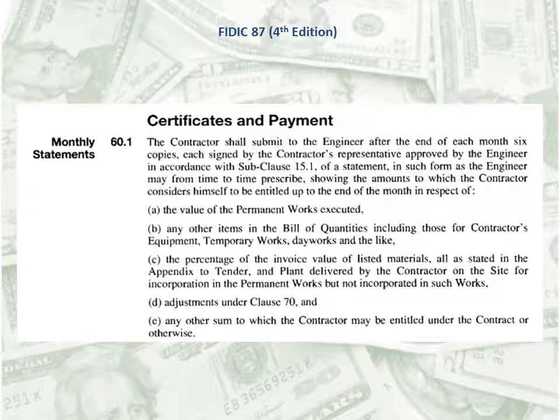D. Adjustments under clause 70. And E. Any other sum to which the contractor may be entitled under the contract or otherwise. This is the relevant clause in FIDIC 87, which is 4th edition, for the certificate and payments.